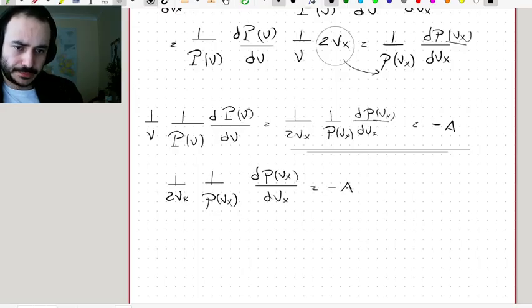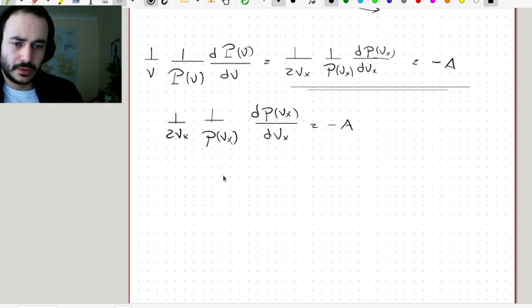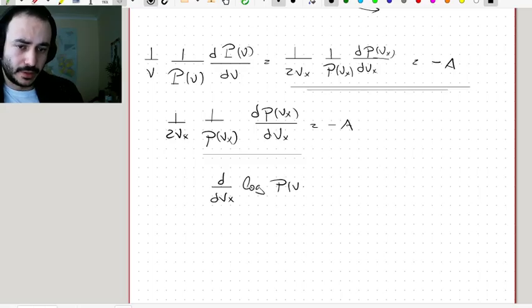And this is equal to this constant. You just integrate, just remember that this thing here is the derivative with respect to vx of the logarithm of little p of vx. And the right hand side then is 2a vx.